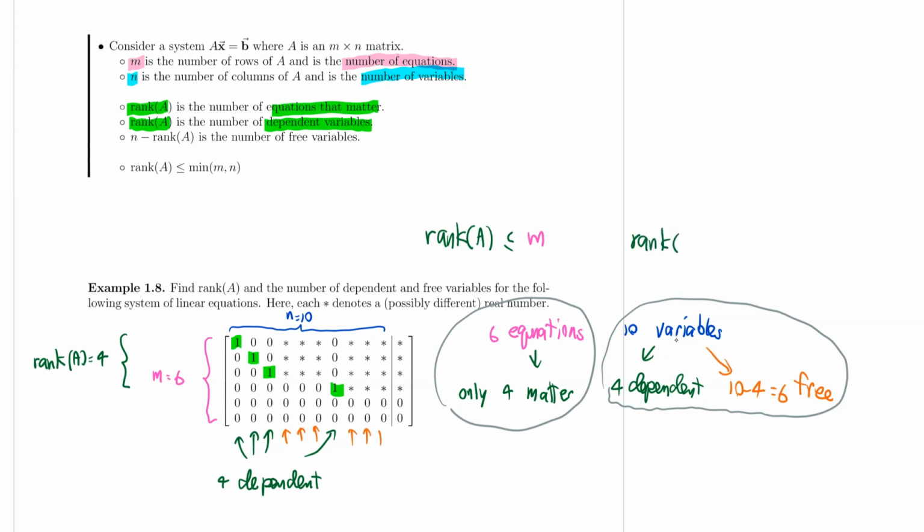Now, if we combine this together, because rank has to be less than or equal to m, and rank has to be less than or equal to n, that means the rank of a matrix has to be less than or equal to the minimum of the two. And we will see later that when the rank of a matrix is equal to m, or when it is equal to n, then something special is going to happen.